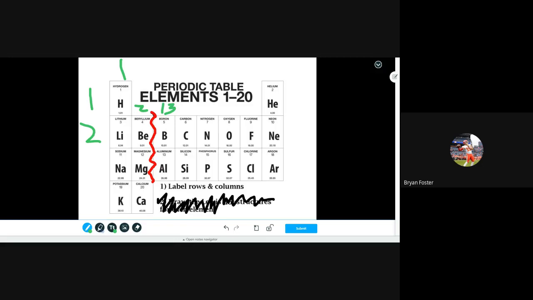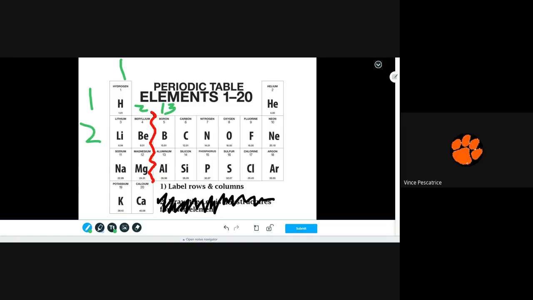Week 2 folder, Nearpod notes. There should be Nearpod notes for this. It isn't an assignment. Oh, there we go, periodic table in there.